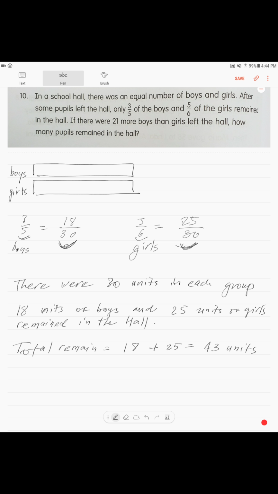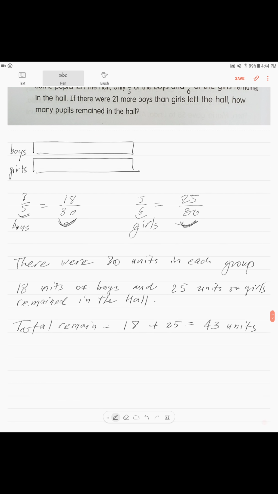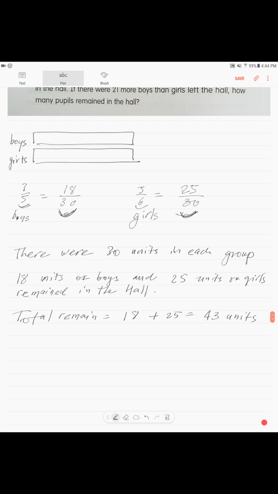Okay, now we're coming back to our model drawing, and how do we represent it, right? Obviously, I'm not going to draw 43 units. It's going to take a lifetime and going to be not very practical, right? So boys and girls. And we draw our two bars again. So those from before, right, they are the same. And instead of showing each unit, we just show like this, that 18 units of boys, right, this is the remainder.